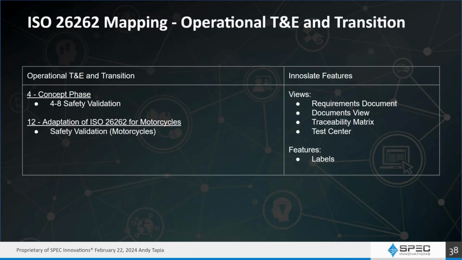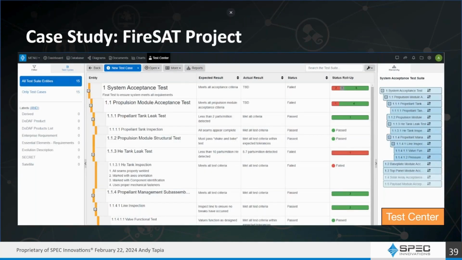Okay, and then here we have the operational test and evaluation and transition phase. And here the ISO standard is focusing on the safety validation of the vehicles here. And I think in Innoslate this is still supported by what we brought up earlier: the requirements document, your Documents View, traceability matrix, and Test Center again. So we'll go back to the Test Center here with the FireSat project, and you can adapt these test cases to be more oriented towards validation activities.